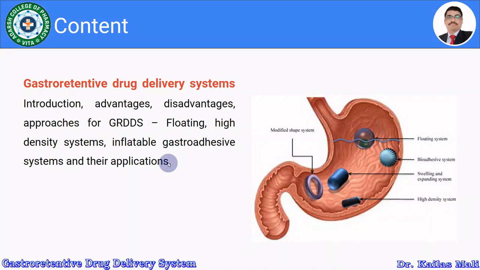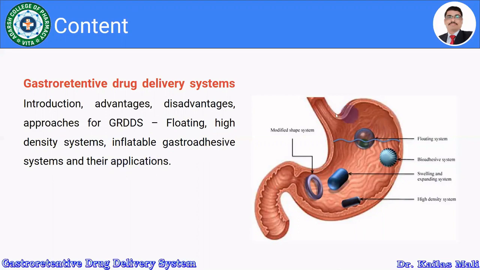So the content of the topic is the introduction, advantages, disadvantages, then approaches for gastroretentive drug delivery system like floating drug delivery, high density systems, inflatable gastroretentive systems and their application.